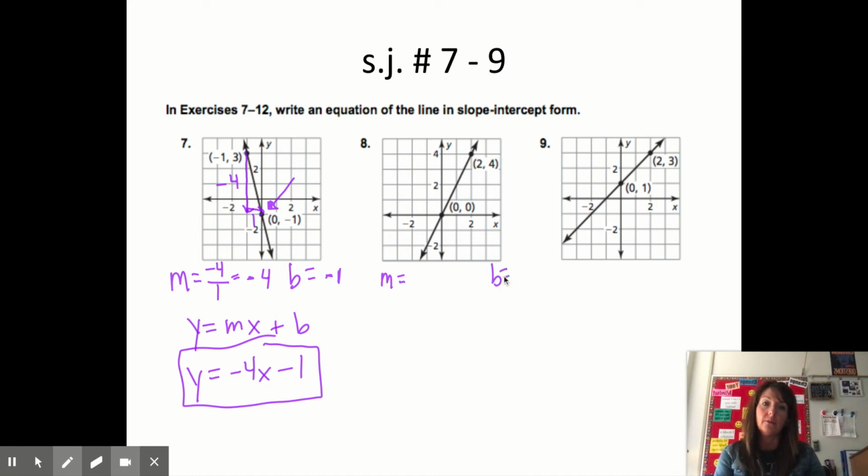Maybe we'll calculate this one. So we need to have the change in the y coordinates. So we'll call this point 2, this is point 1. So we can take 4 minus 0, change in y, over 2 minus 0. So we'll get 4 over 2, which simplifies to 2.